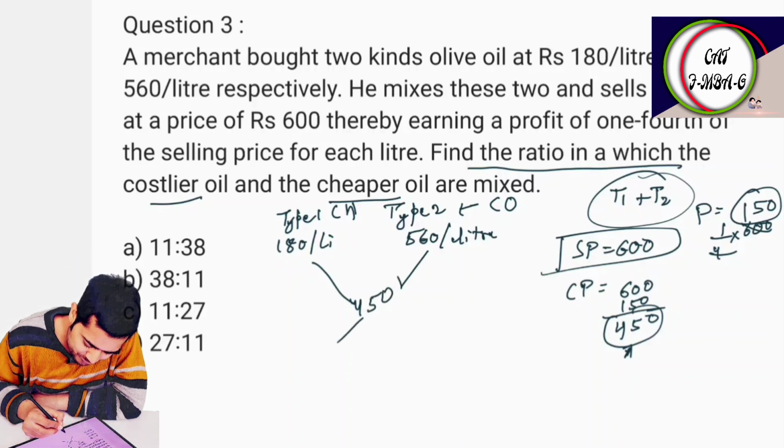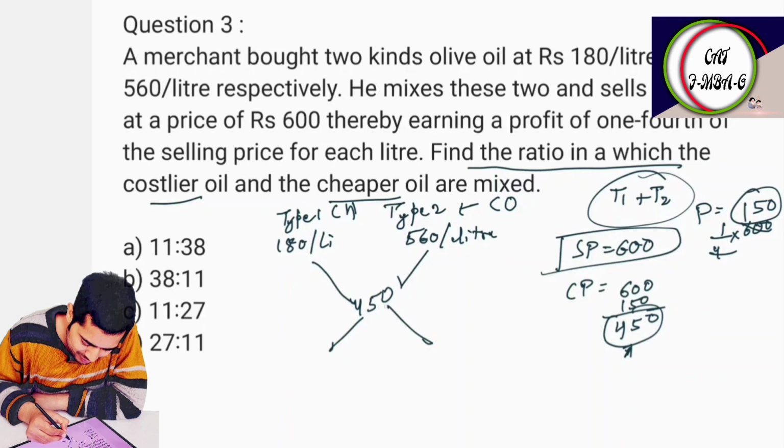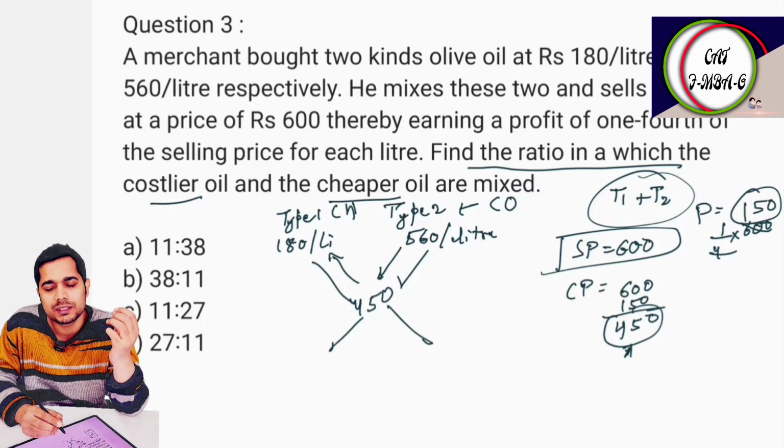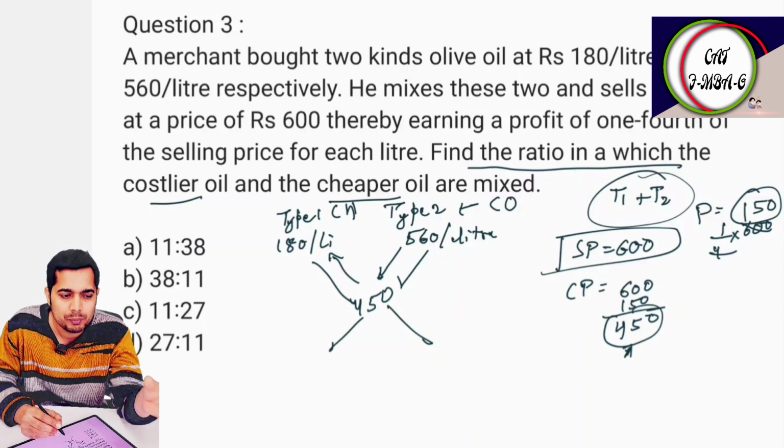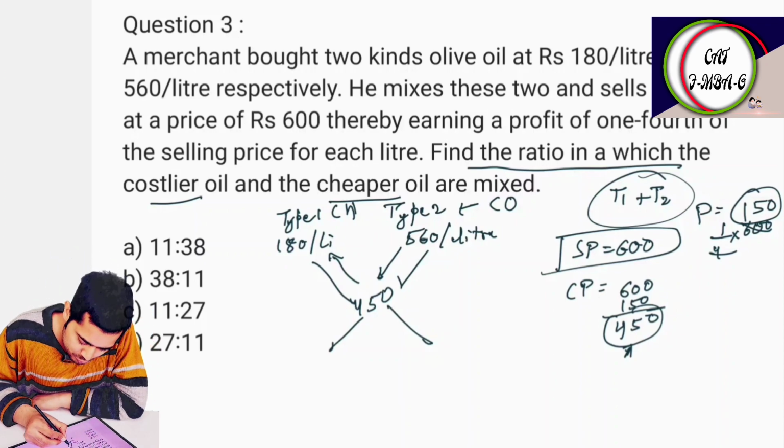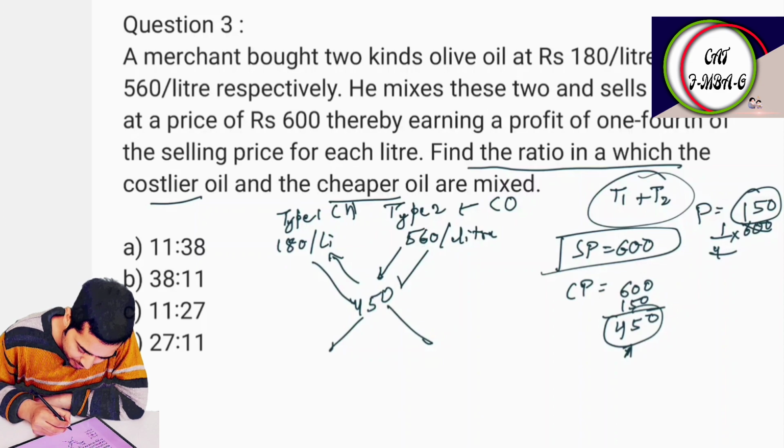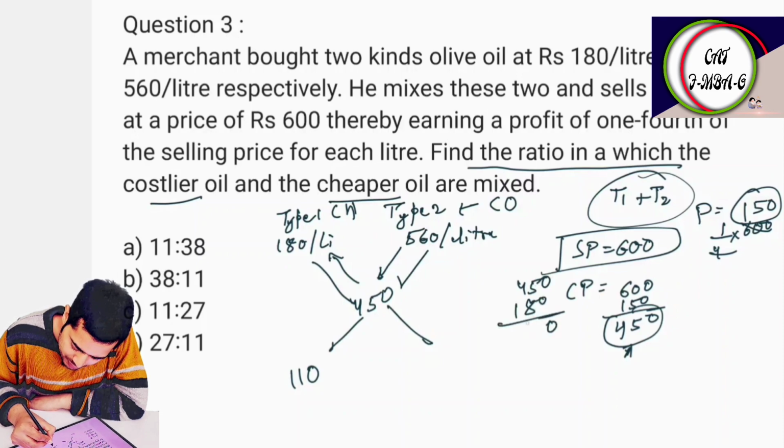What I told you: higher minus lower, higher minus lower, or just ignore the negatives and all, your proportion is going to be positive. So 560 minus 450, it's going to be 110, and 450 minus 180, it's going to be 270.